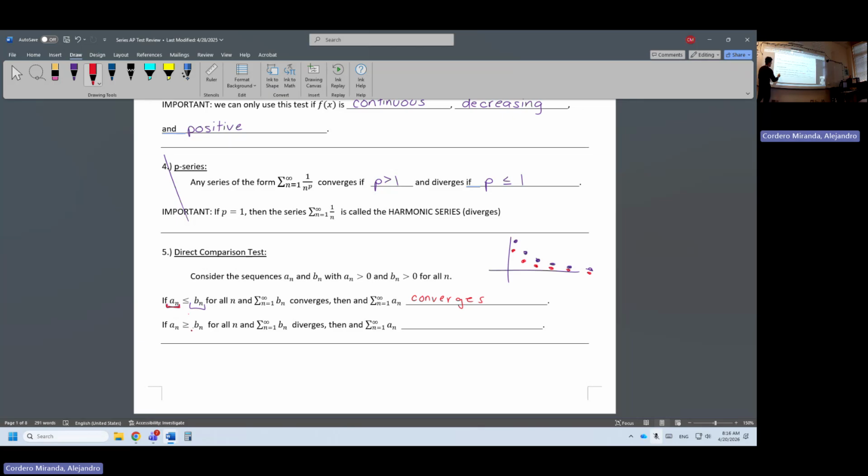If you were given this purple one, and you know it's bigger than that red one, and you know the red one diverged, then of course there's no way that the bigger one could converge. If the red one would be infinite, then the purple one would have to be infinite too. So like I said, hard to explain, but hopefully you're not too confused. If purple is bigger than red and red diverges, then the purple one has to also diverge.